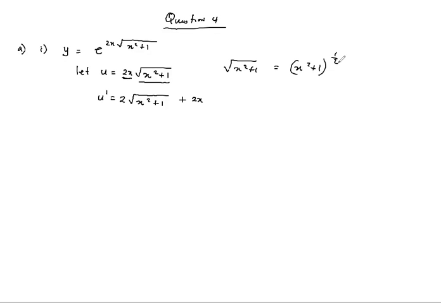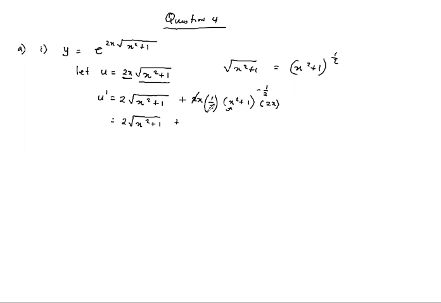So differentiating it, you drop the half, you subtract 1 from the half, you get negative half, and then you multiply by the derivative of x squared plus 1, which is 2x. That is why we say use chain rule. Then you have 2 root of x squared plus 1 plus this 2 and that 2 cancels.